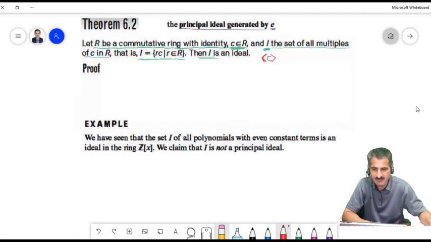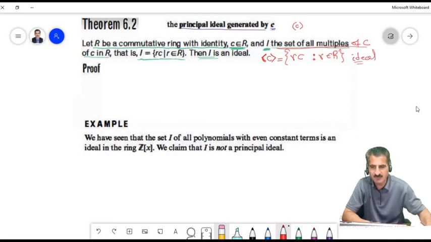So if we use this, or a big parentheses like that, it means the set that we obtain by taking all elements from the ring and multiplying each one of them by C, and then we get the set of multiples of C. Now we are saying this is an ideal, and it is called the principal ideal generated by C.